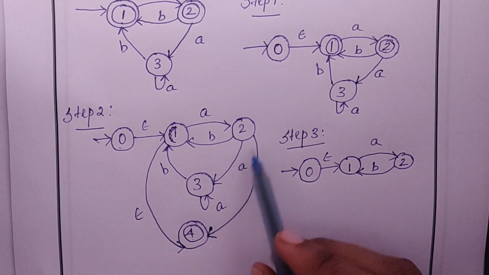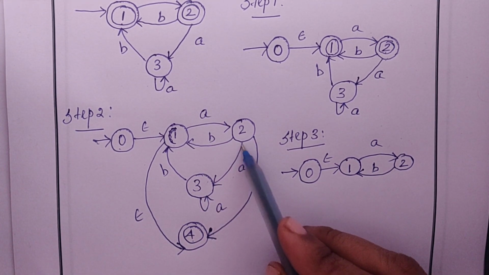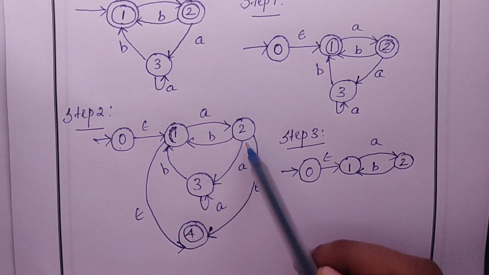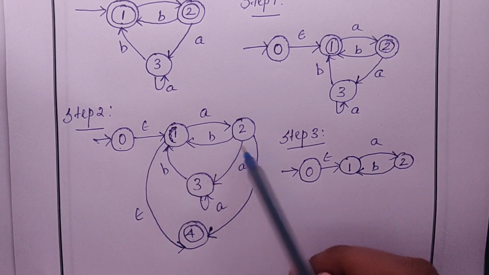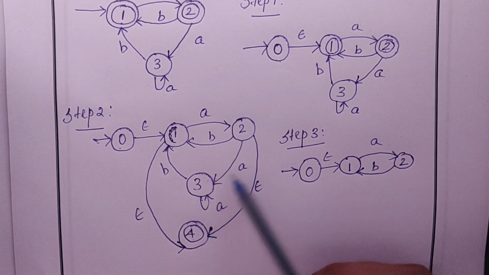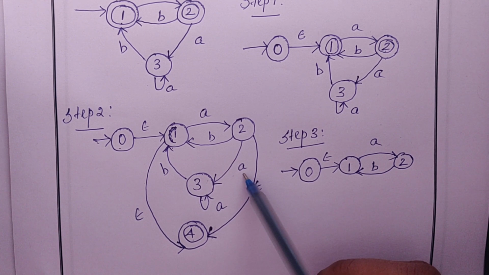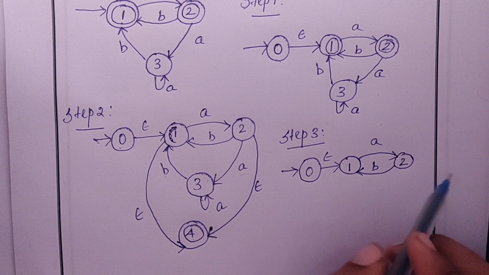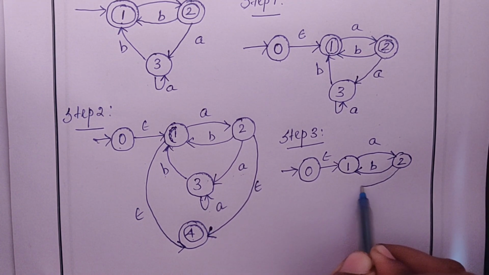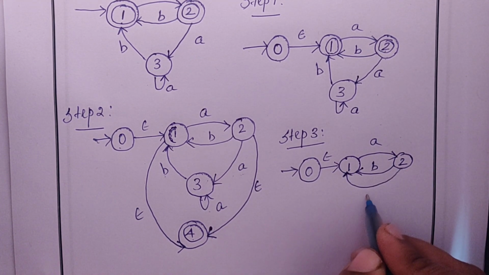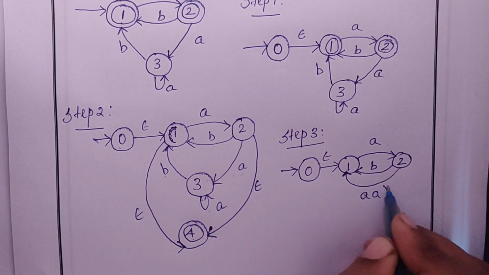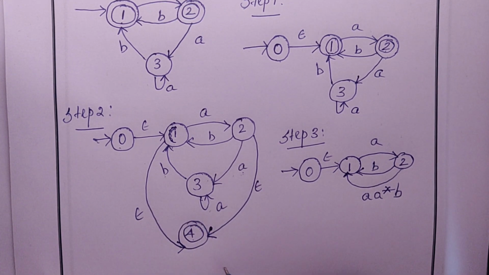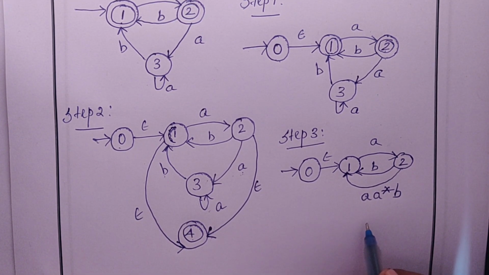So how should I write? You check, state 2 is connected to state 1 through 3. Right? It starts like this. So since it is starting like this, first I should consider this A. So how will I write? A star, B. So 2 is connected to 1. What should I write here? A star, B. Rest everything remains the same.